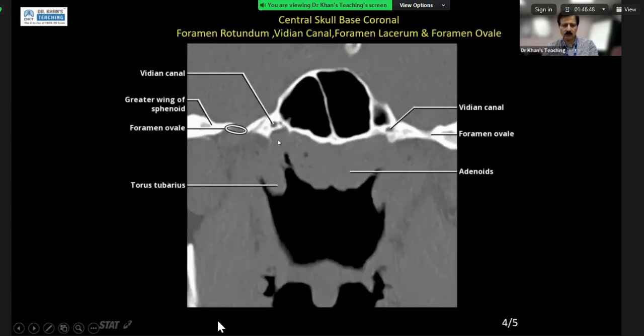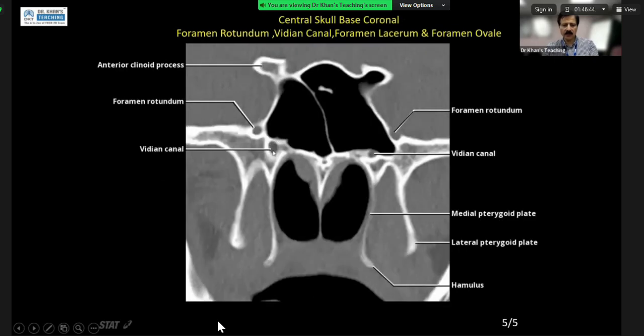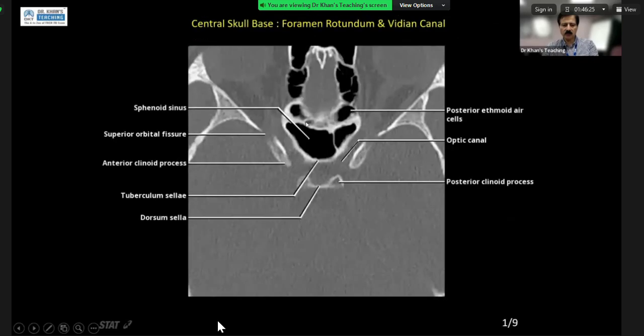Next slice, it comes inferior to the sphenoid sinus. See this thing and this thing. And you can see the pterygoid plates, the lateral pterygoid plate, medial, lateral, medial. So the Vidian canal take-home point is inferior to the sphenoid sinus.